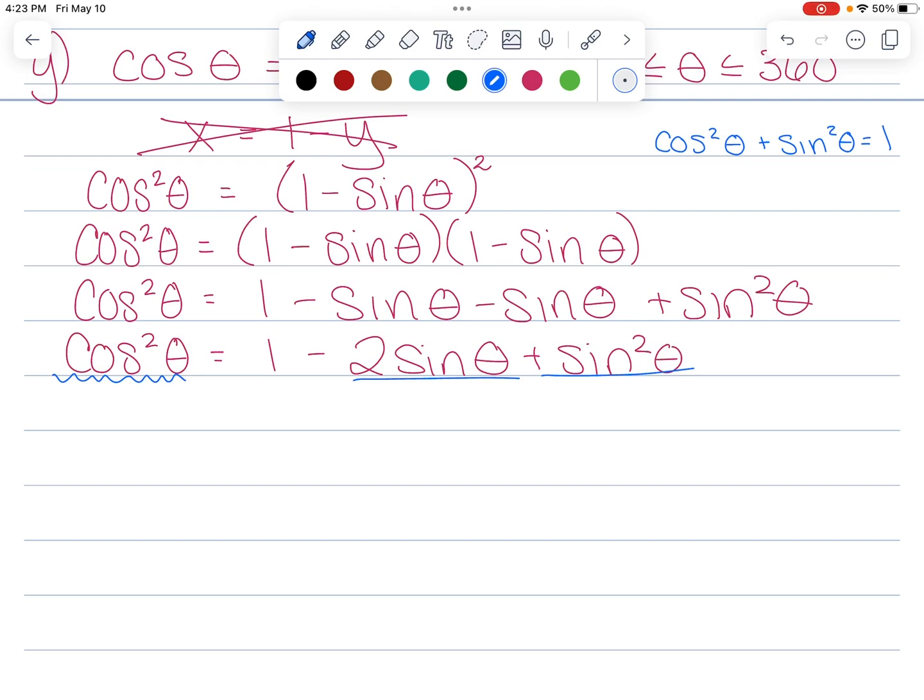So the question is, can I replace cosine squared with sine squareds? And the answer is yes, because if I subtract sine squared from both sides, I get cosine squared theta is equal to 1 minus sine squared theta. So I can replace my cosine squared with 1 minus sine squared.